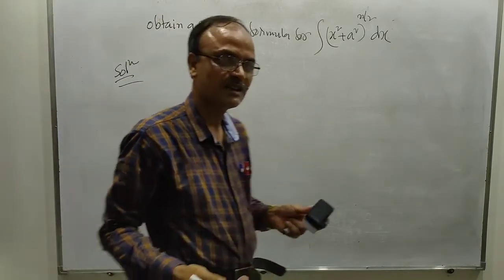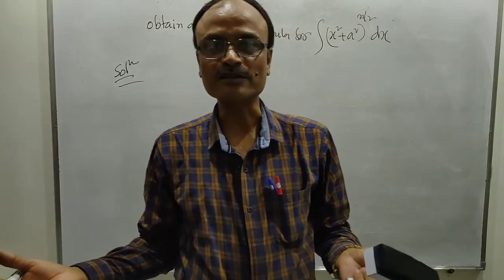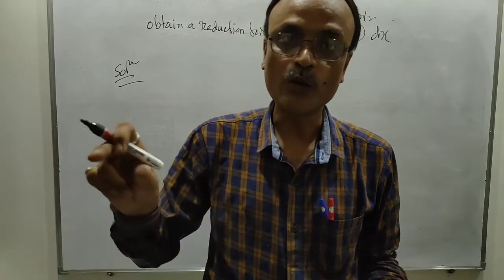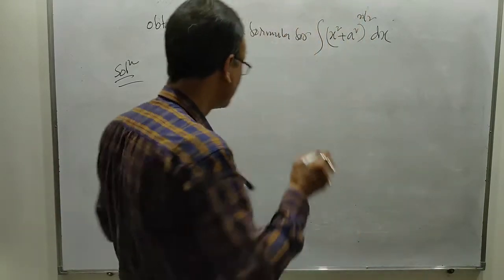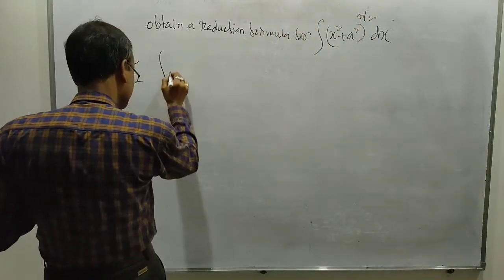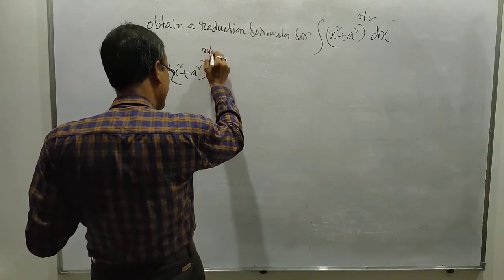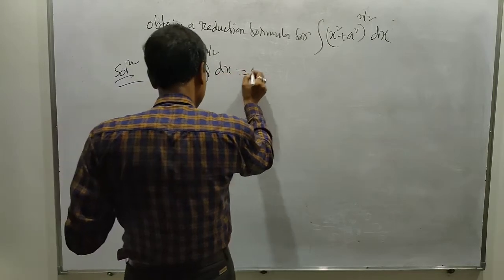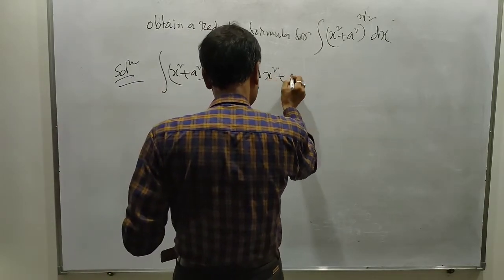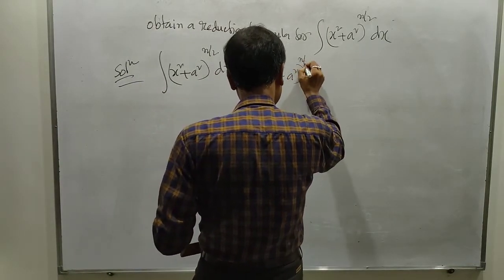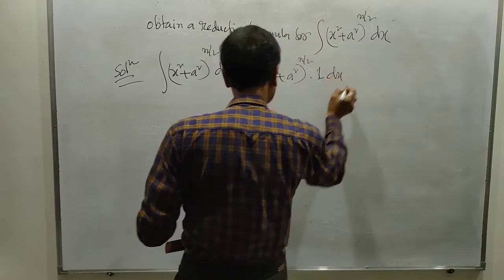Very easy. Just integrate it by parts regarding 1 as the second function. You may write integration x square plus a square whole to the power n by 2 dx. This can be written as (x square plus a square) whole to the power n by 2 into 1 dx.